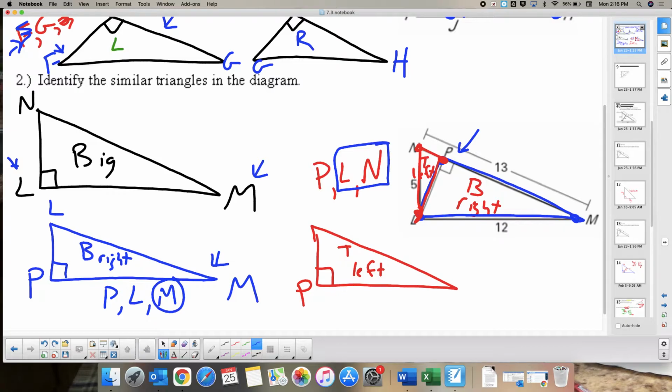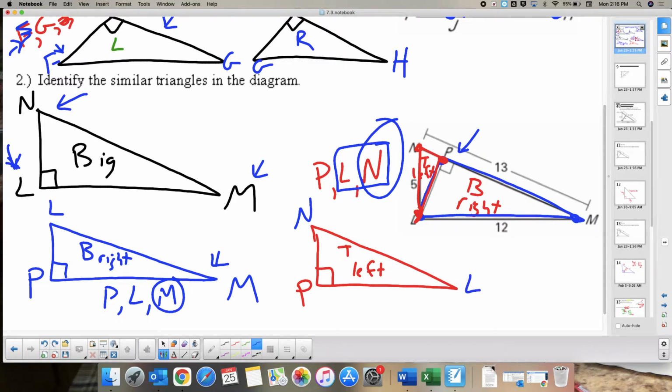Looking at my big triangle, angle L is my right angle. That is not the one I want to pick. So that tells you that I want to pick angle N. Angle N is what's up top, which means L goes down on the bottom right.